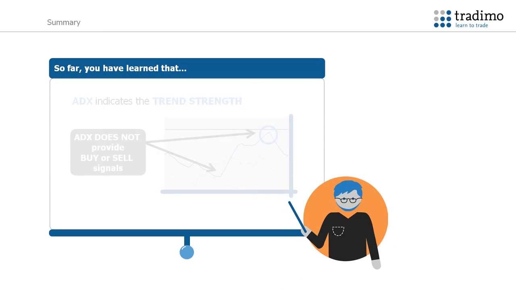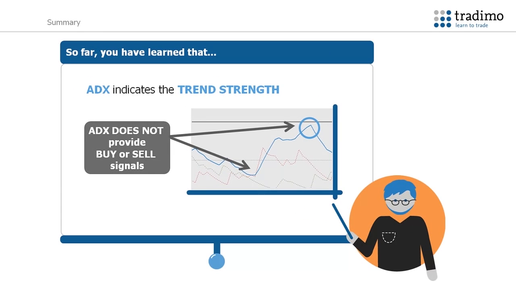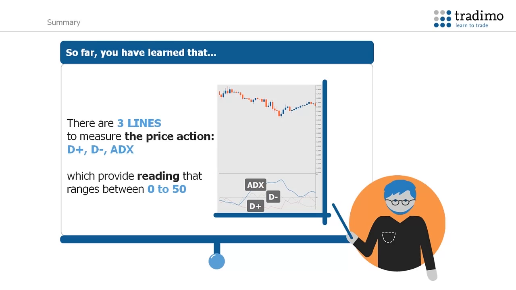So far, you have learned that the ADX is primarily a trend strength indicator. It is a useful confirmation tool, but it does not provide buy or sell signals. It consists of three lines: the D+, D-, and ADX lines, which show the strength of a trend and also indicate which direction to trade in.